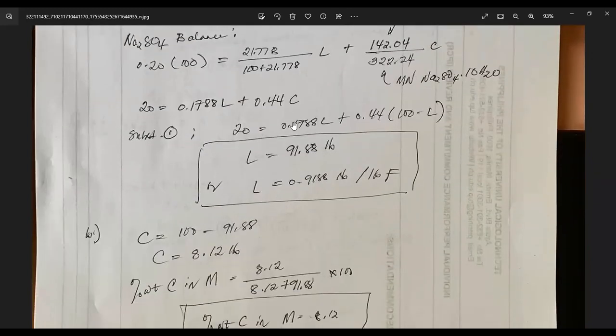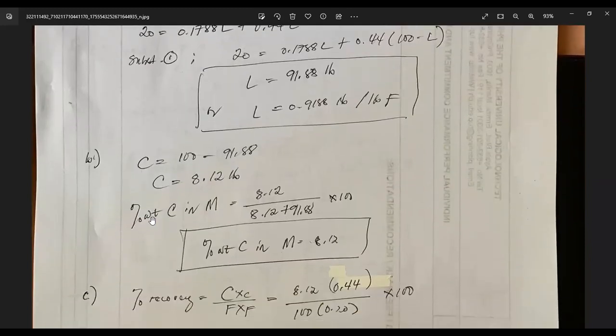You have the C. This is your C. So you get the percentage of the crystal in the magma, which is the C over the C plus the L, times 100. So the percentage by weight crystals present in the magma is just 8.12, or the 100 minus the 91.88.